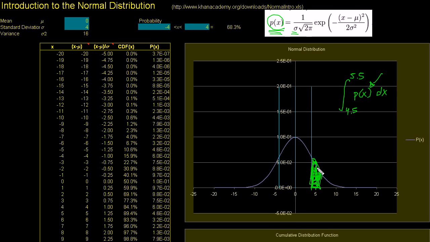Or, let me change colors just because I think I'm overdoing it with the green, you could just take the height of this line right here and multiply it by the base, and you'll get the area of this rectangle, which might be a pretty good approximation for the area under the curve, right? Because you'll have a little bit extra over here, but you're going to miss a little bit over there.